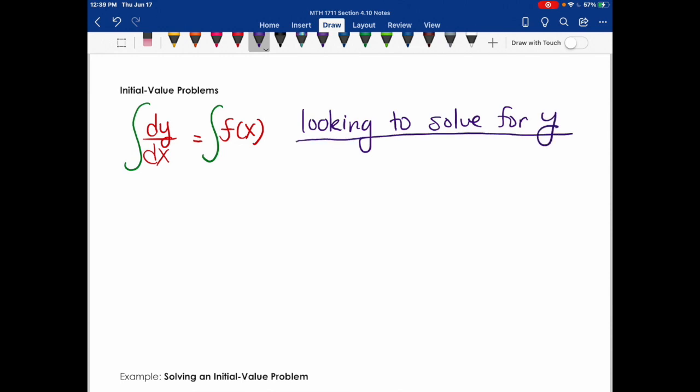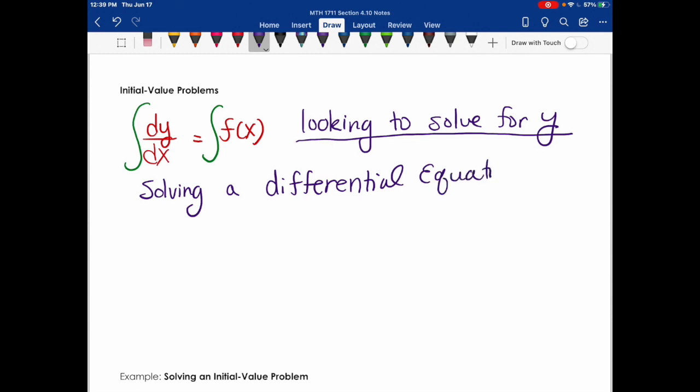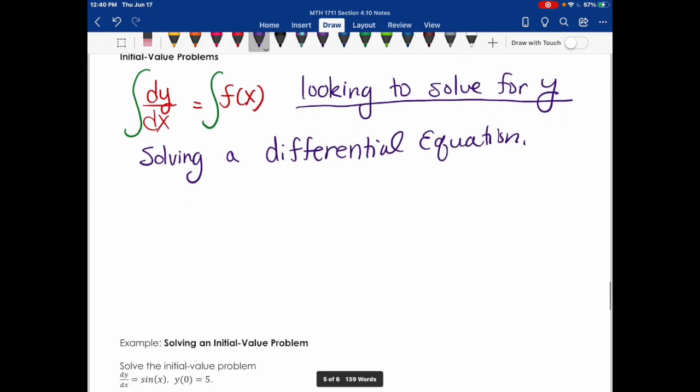So you're looking to solve for y. And when you solve equations like this, it's called solving a differential equation. And there's actually an entire class about doing just that called differential equations.